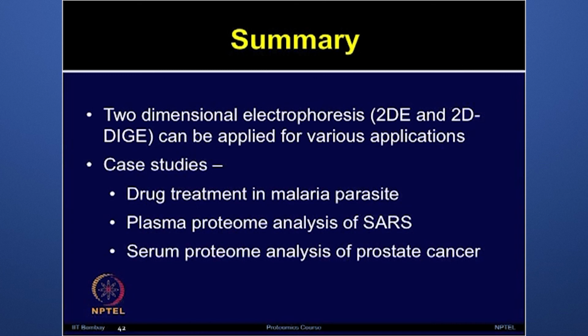And after looking at these 2 conventional proteomic analyses using 2DE, we discussed the DIGE technique. The overview of 2D DIGE was discussed, and then we talked about how we can use this technique for more applications. Then, as a representative example, we took the study of prostate cancer, the serum proteome analysis.